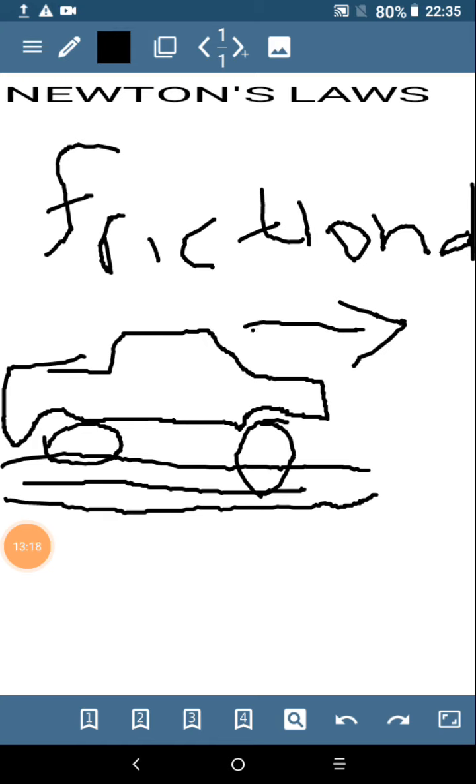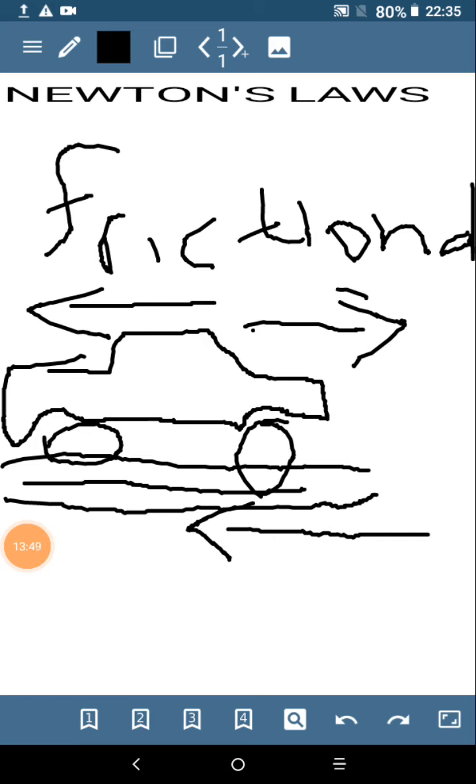So if it is moving to the right, the frictional force will always act to the left. Remember, I said it is the force that opposes the tendency of a moving object. So the frictional force will always be opposite the direction in which the object is moving. If an object is reversing, going that direction, the frictional force will act in which direction, guys?